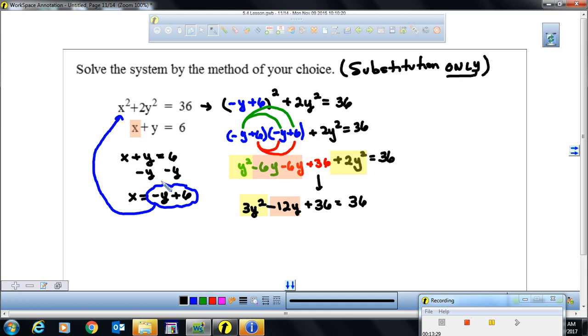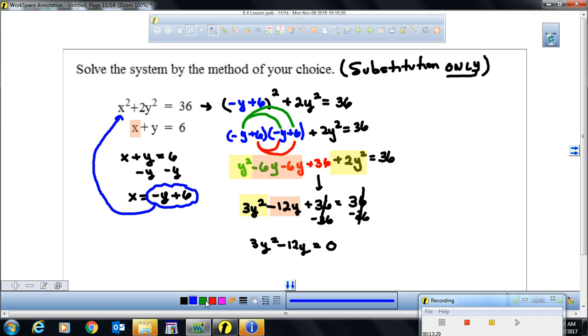To be able to factor, remember again we need to set it equal to 0, so I need to subtract the 36 from both sides, but it's going to cancel on both sides. So all we're going to be left with is 3y squared minus 12y equals 0. Then you see that again we ended up with two terms.